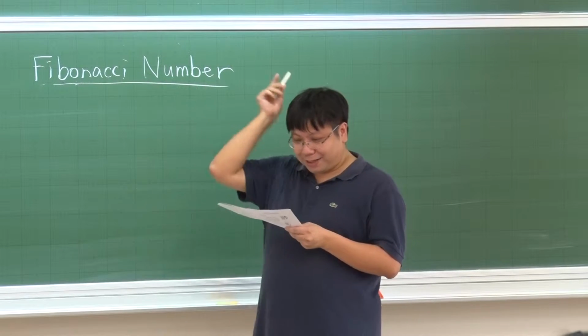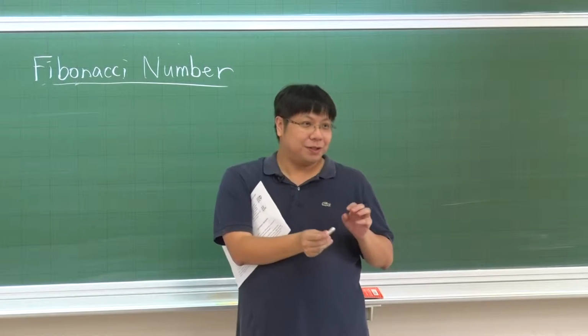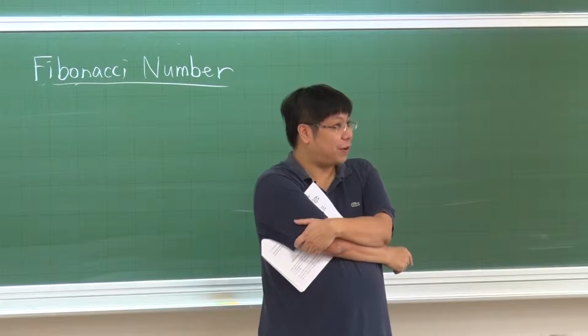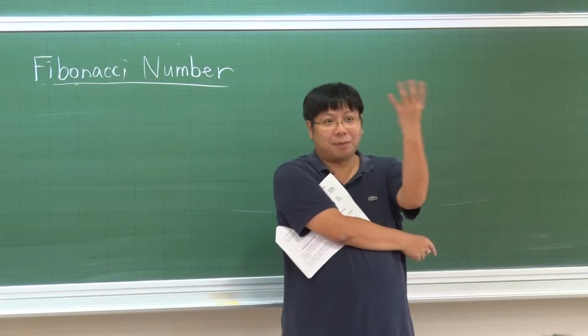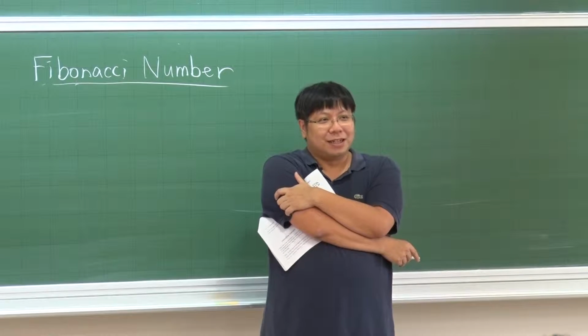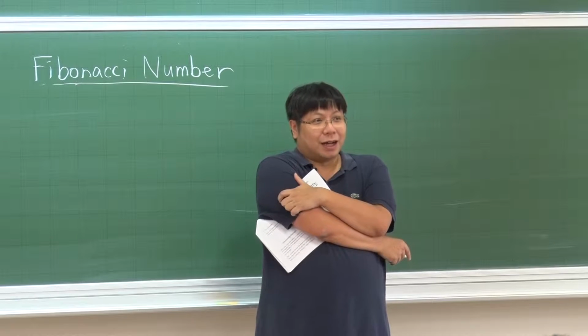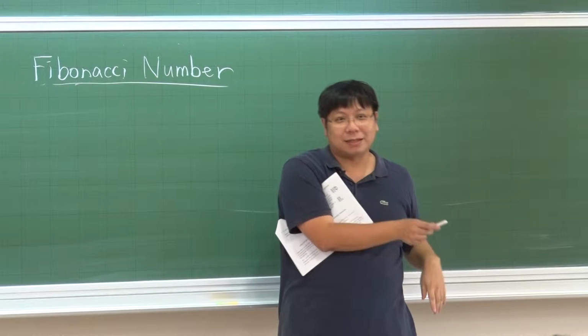But this Italian mathematician has studied this problem, the rabbit problem, which I guess some of you have heard of. Suppose that you have a pair of rabbits, one male, one female. They are very reproductive. This pair of rabbits get married somehow.